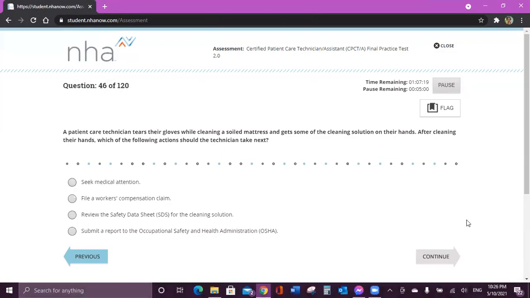A patient care technician, while wearing gloves, is cleaning a solid surface and gets some of the cleaning solution on their hand. After cleaning their hand, which of the following actions should the technician take next?